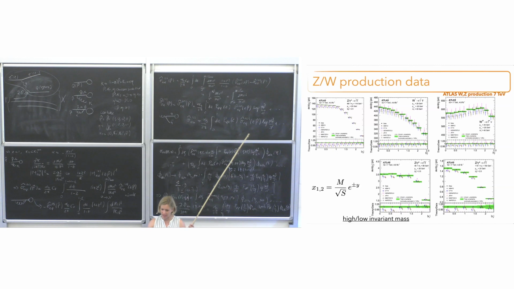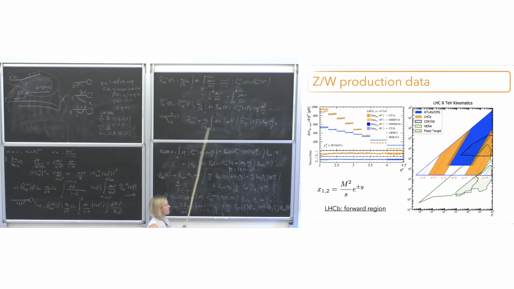This is why we say that ATLAS, CMS, and LHCb have a complementary kinematic coverage. So this is shown here. LHCb covers this rapidity region between y equal to 2 and y equal to 4.5, which means that it covers this region of x smaller than 10 to the minus 5 and 10 to the minus 4, and this larger region.